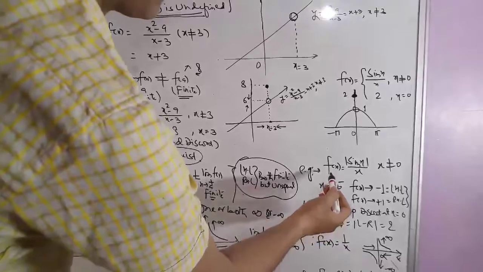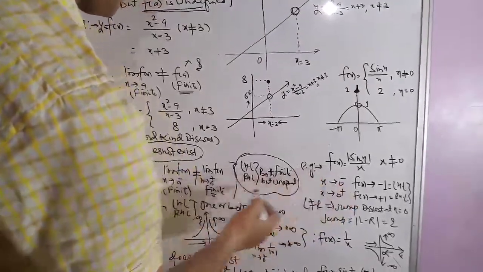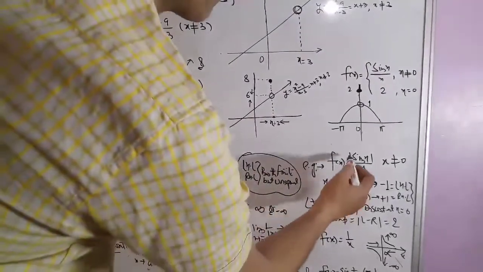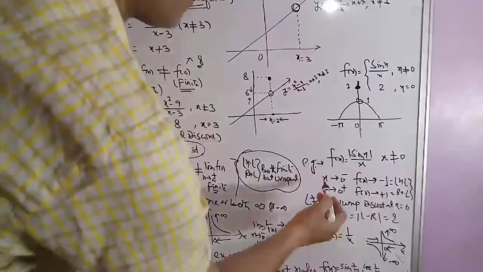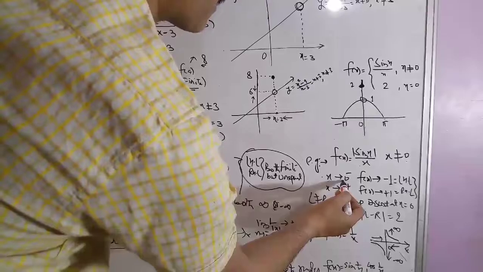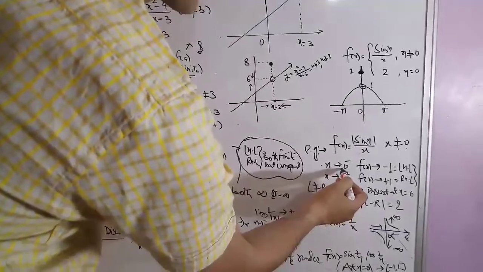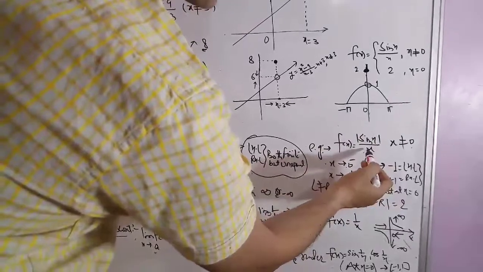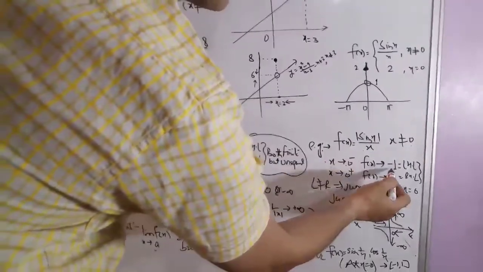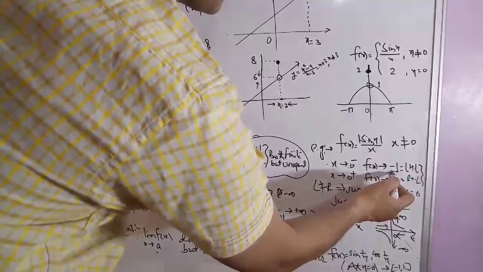We consider an example in support of this case, f(x) equal to mod sin x by x when x not equal to 0. When x tends to 0 from left, that is x less than 0, sin x is negative. So f(x) tends to minus sin x by x as x tends to 0, so the limiting value is equal to minus 1.